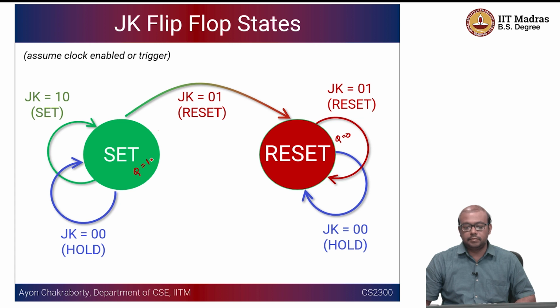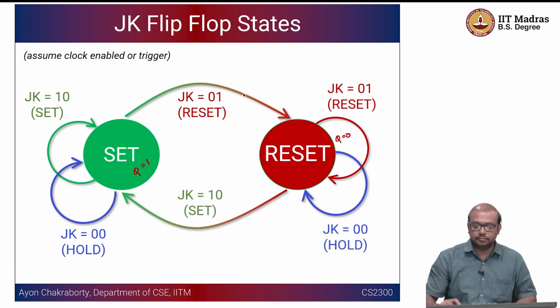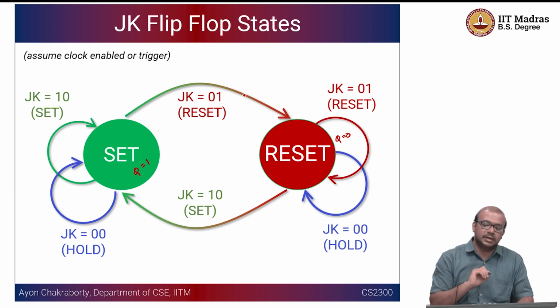Whereas if you try to reset a set circuit, that means that if you are having q equal to 1 and you want to reset it to q equal to 0, then you need to pass on j equal to 0 and k equal to 1 and vice versa. Okay. So you can have j equal to 1 and k equal to 0, which is a set command, but if you are trying to put that on a reset JK flip-flop, it is going to be set.